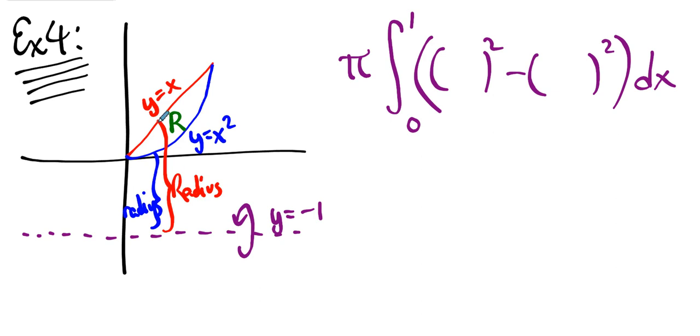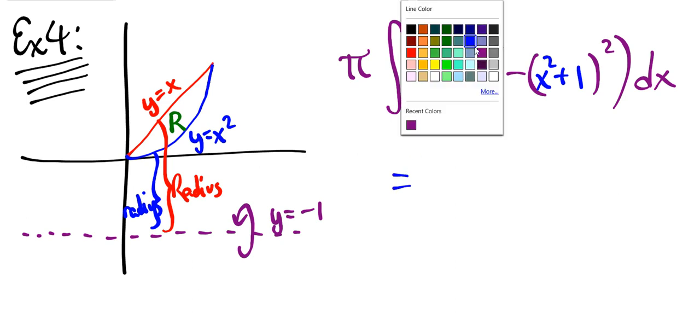Well, the big radius goes from x down to -1, so it is x minus -1. The little radius goes from x squared down to -1, so that's x squared minus -1. And so this single integral, which is really the difference of two integrals, gives us the volume of the solid generated when region R is rotated about that line.